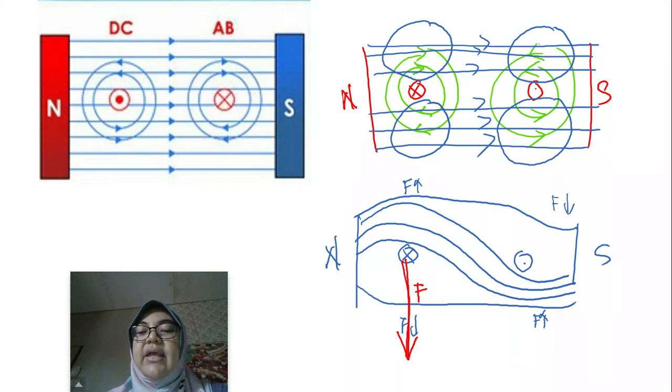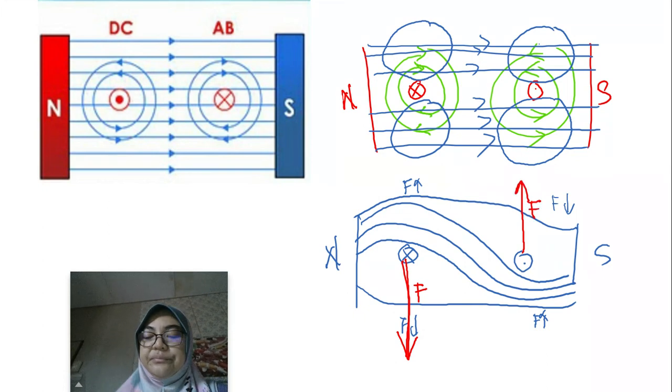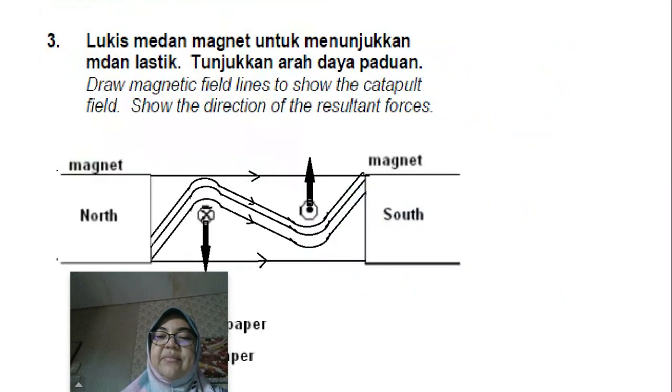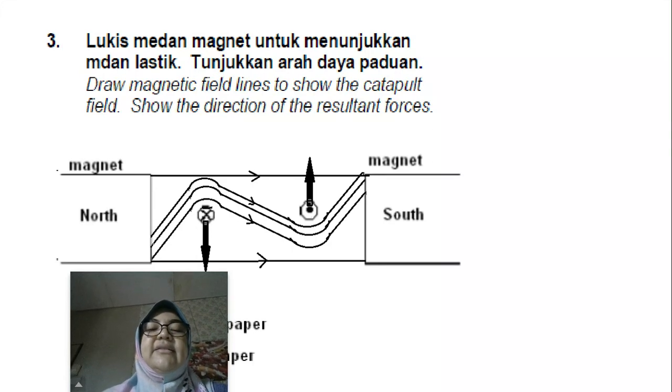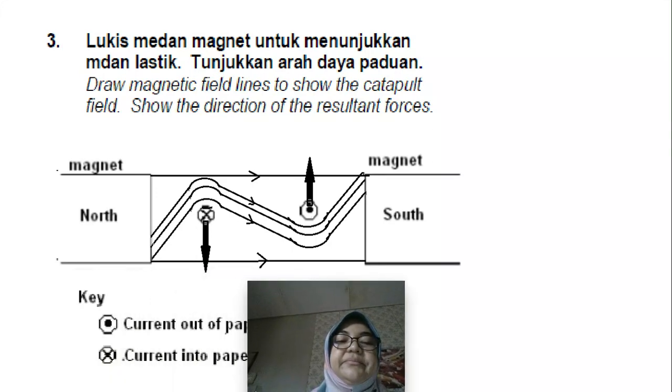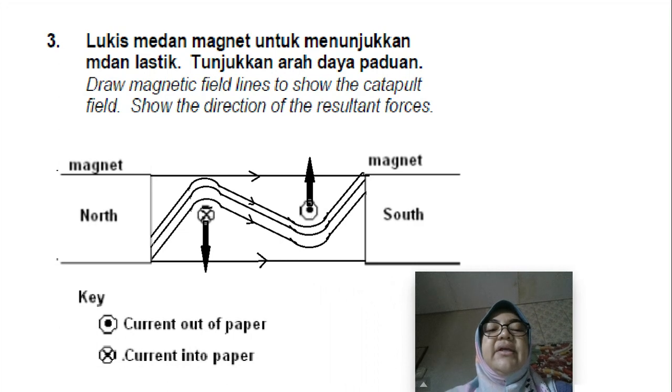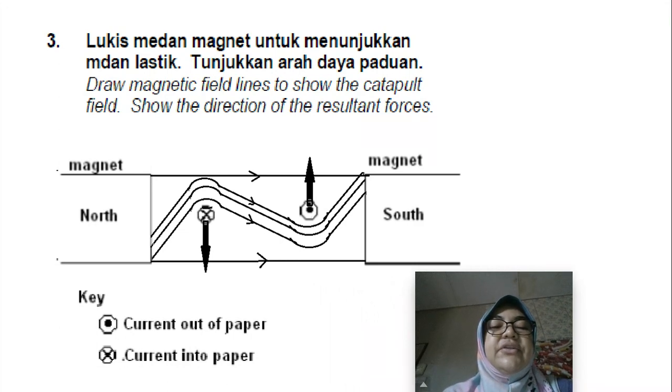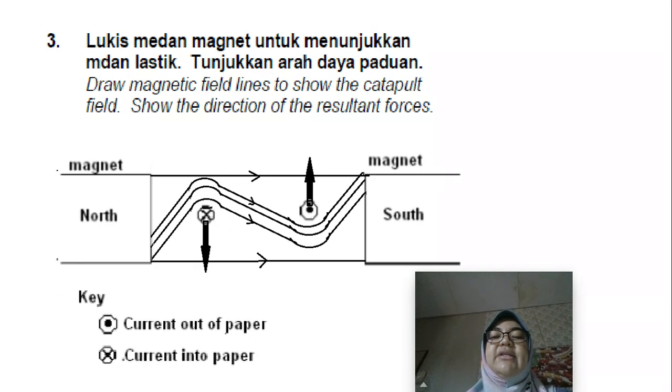Okay. And then yang sebelah kanan, the resultant force is upward. Okay, same as the next slide. Okay, so the resultant force is downward on the left, and on the right, the resultant force is upward.